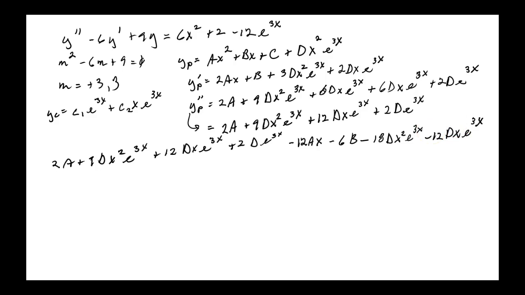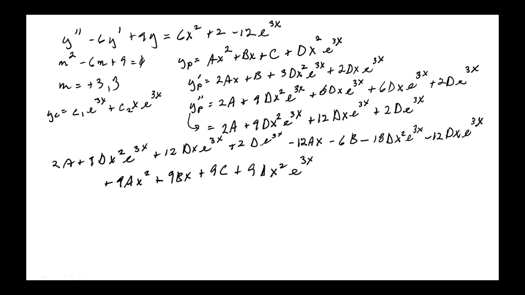Now we got plus 9y, which would be, I'm just going to write it over here, plus 9ax squared plus 9bx plus 9c plus 9dx squared e to the 3x. I hope. That's a d. It's a pretty ugly looking d, but that's a d.